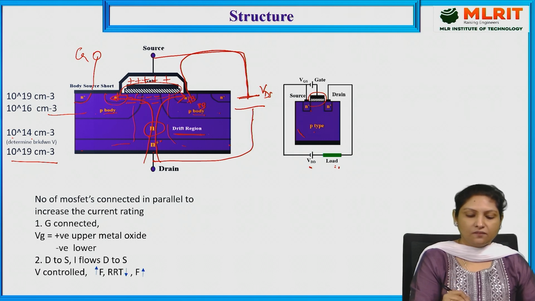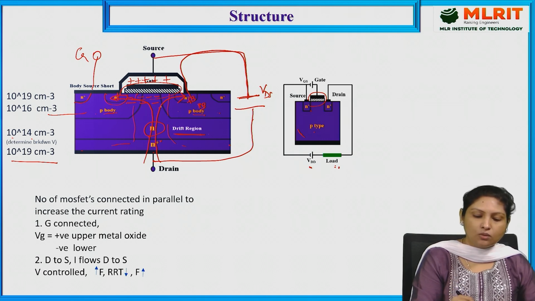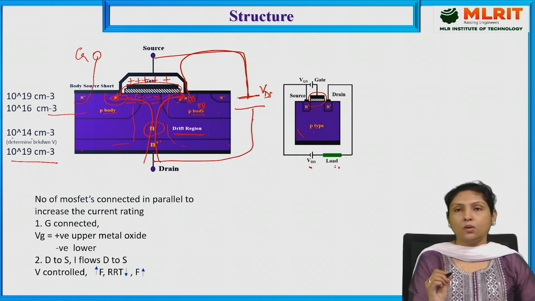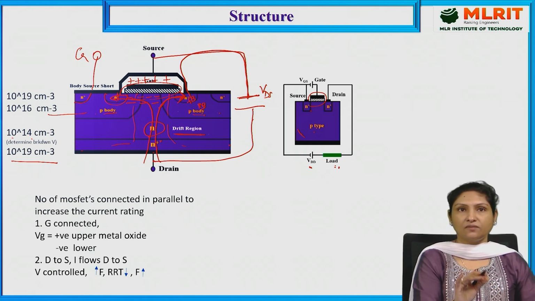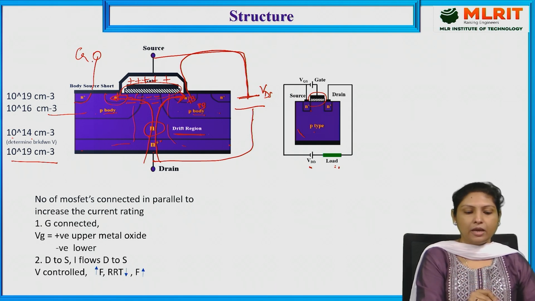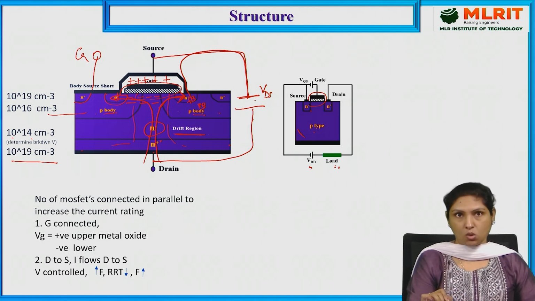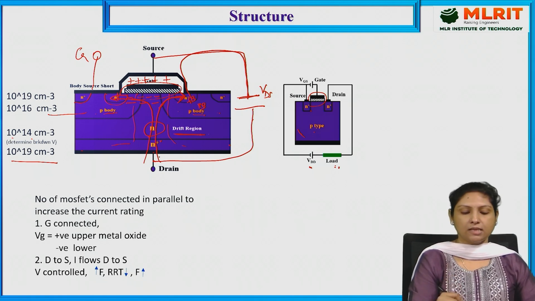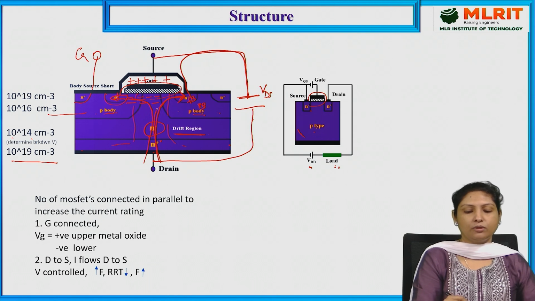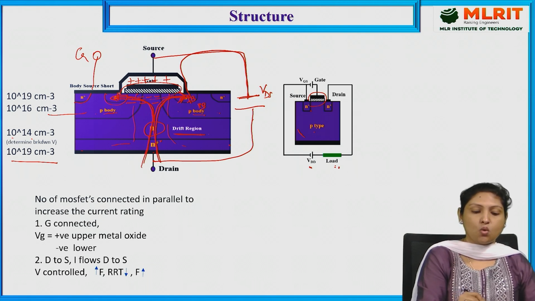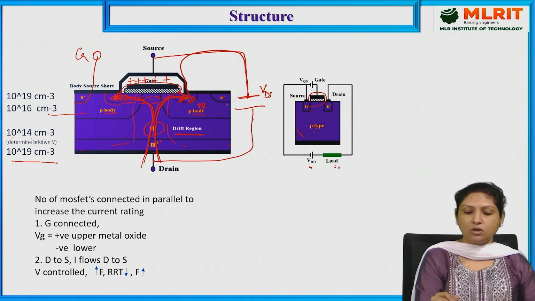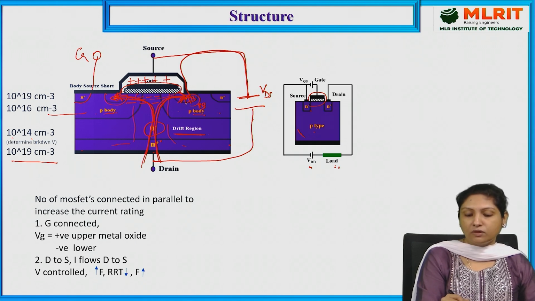Because of which, current will be flowing only through this particular forward bias region. So that is the only reason when sufficient gate to source voltage is applied across this gate terminal, and when drain to source voltage is also applied, the current will be flowing right from drain to source, only through the N layer, because the N layer is forward biased here.